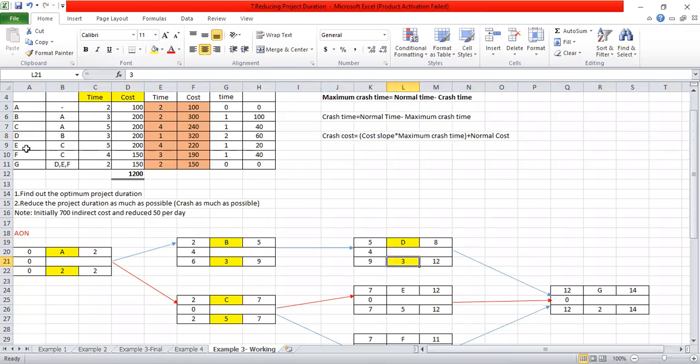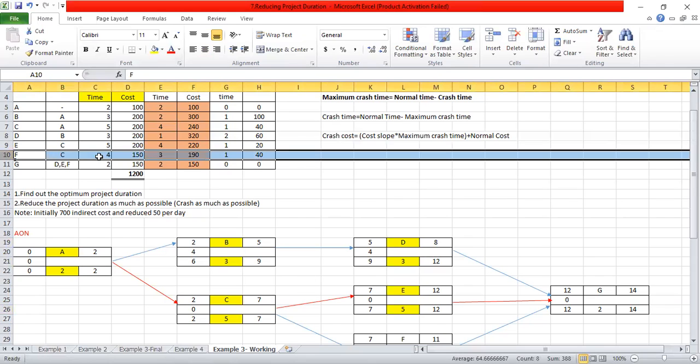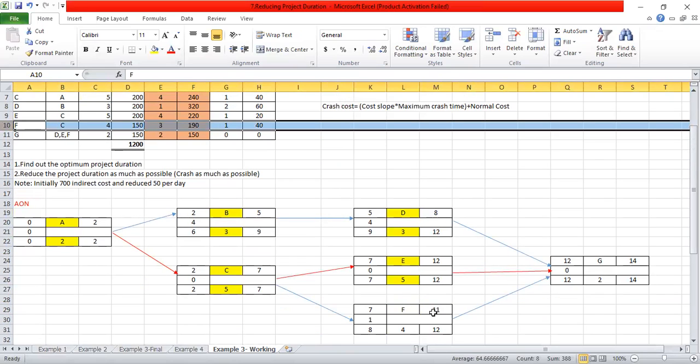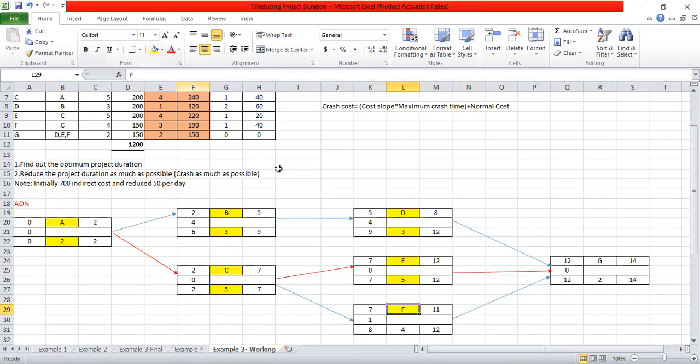For activity E, the predecessor is C and the time is 5. And for activity F, the predecessor again is C and the time is 4. It should be started after completing activity C.